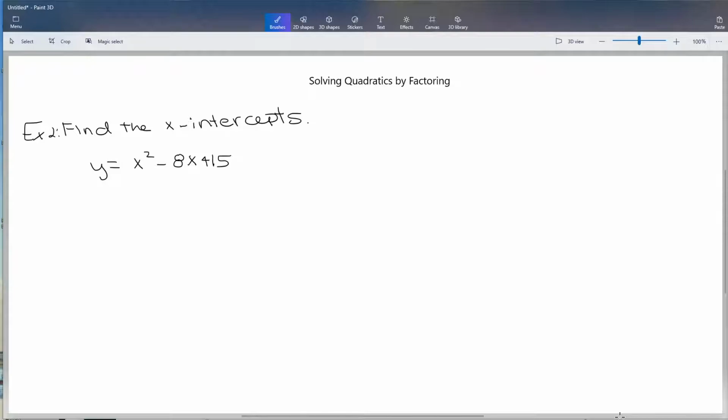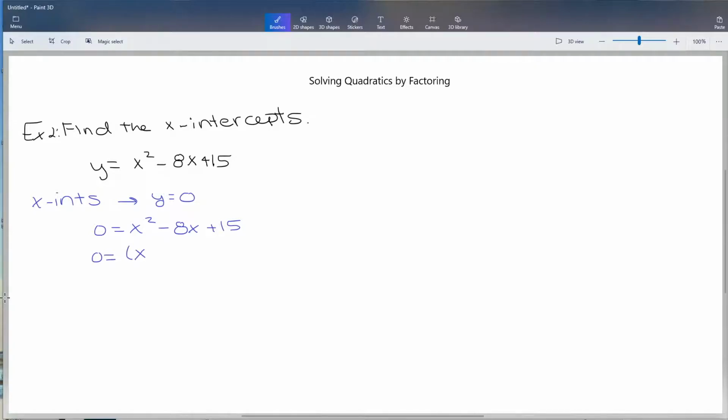Now, we know that in general, to find the x-intercepts, we talked about this with linear functions, we let y equal 0. Okay, so this is no different for quadratics. So I'm going to let y equal 0. Okay, and then I'm going to solve this equation by factoring.